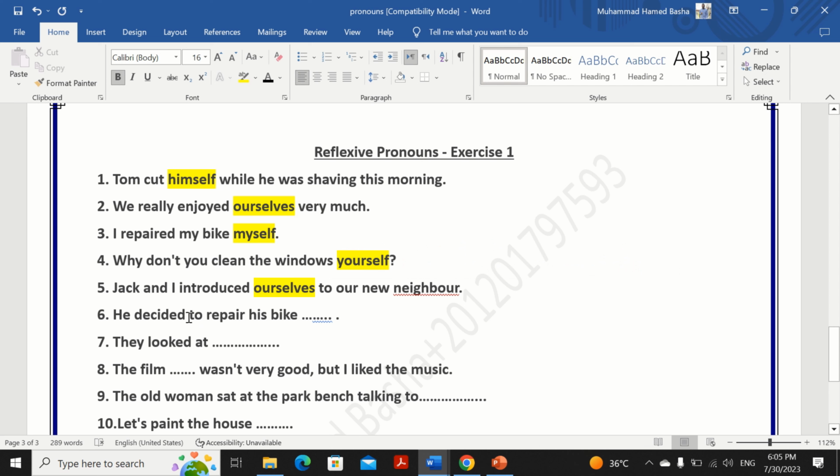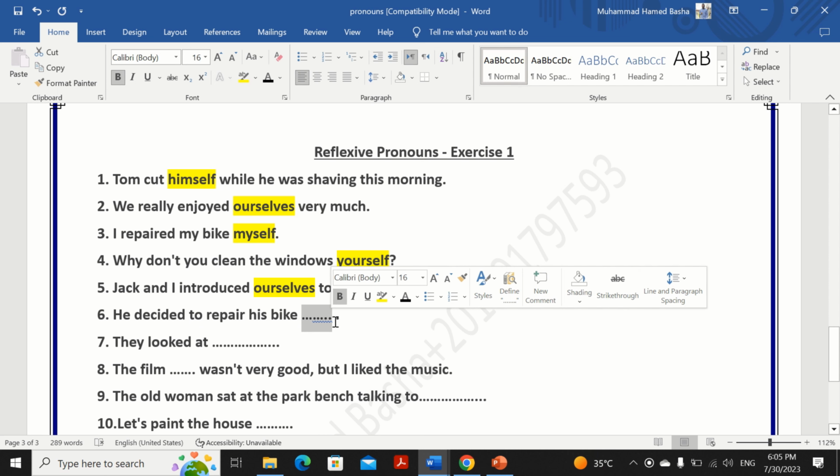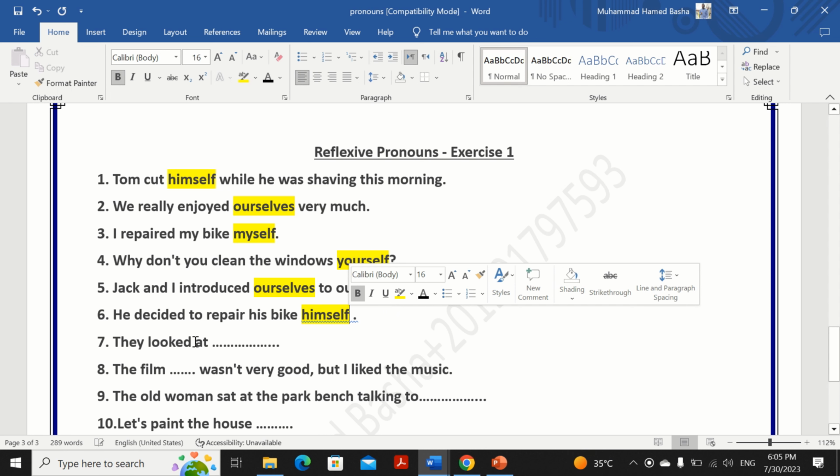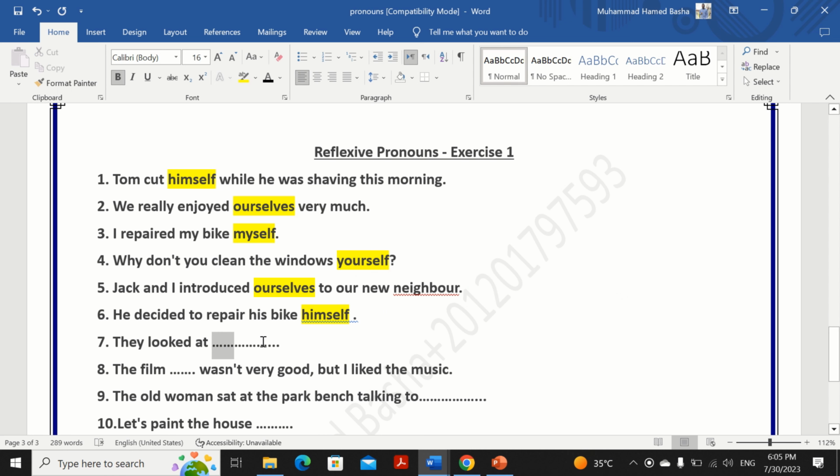He decided to repair his bike. He turns into, like our table, himself. Excellent. Number 7. They looked at. They turns into themselves. Excellent.